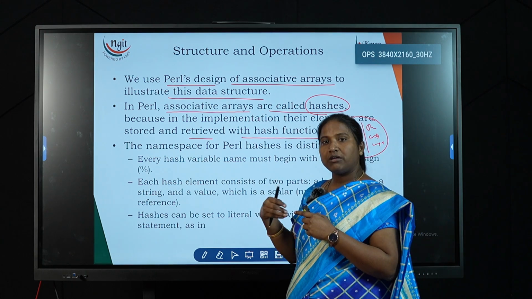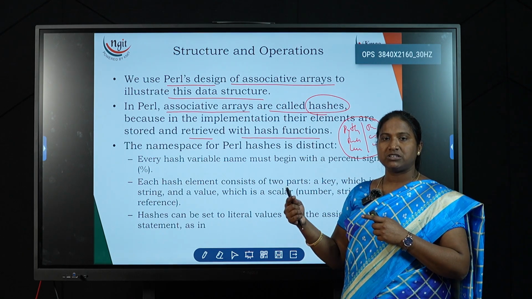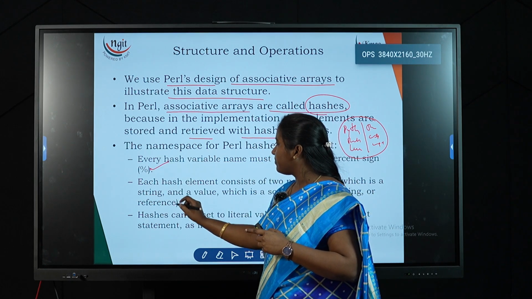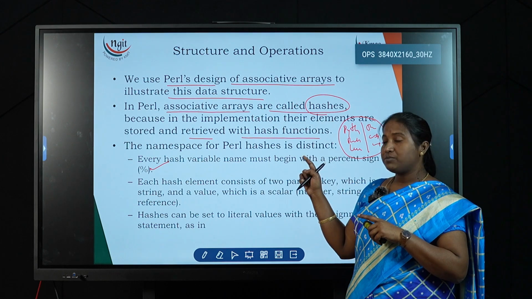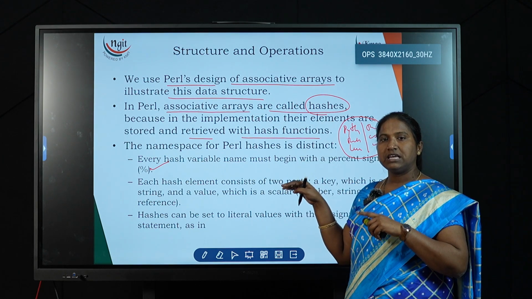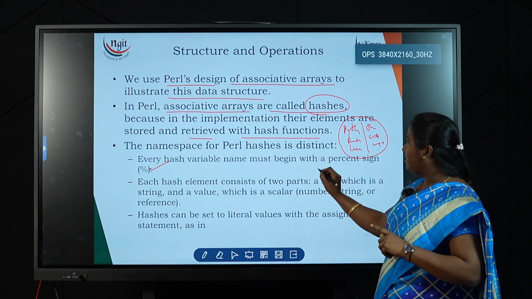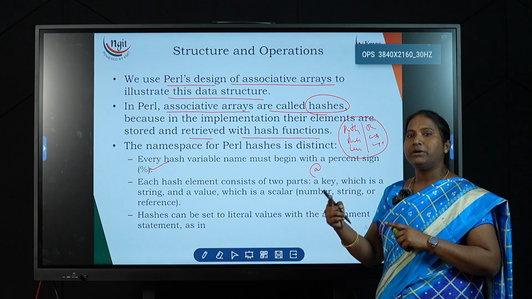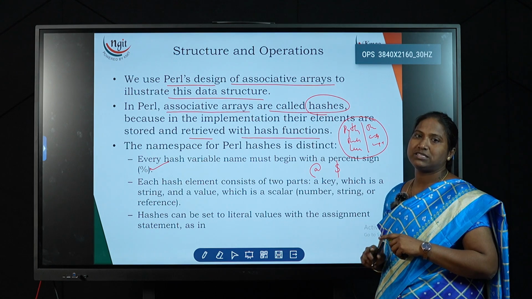The way you write the associative array data structure in Perl is different because we use these notations. We will use the percent symbol. If you remember, we spoke about arrays in the last video. In Perl, an array is defined with the @ symbol, correct? And an element of the array, the particular index, is represented with the $ symbol.